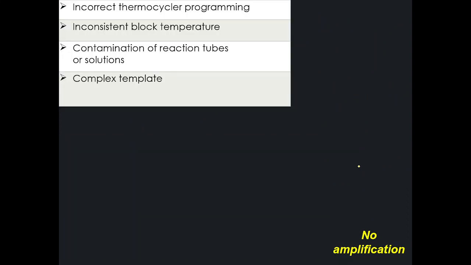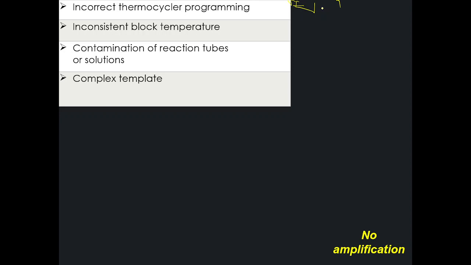There could be other possibilities which have been mentioned here, that it could be an incorrect thermal programming. This happens sometimes with us, that you run the PCR with a predefined protocol, but somehow somebody else has changed it.